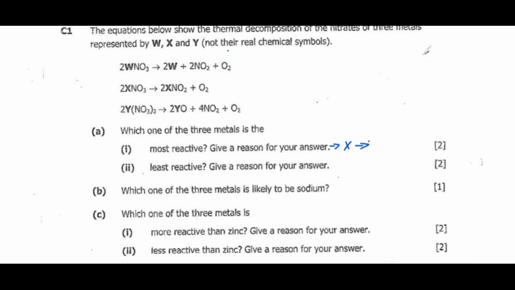It didn't give us a complete decomposition.